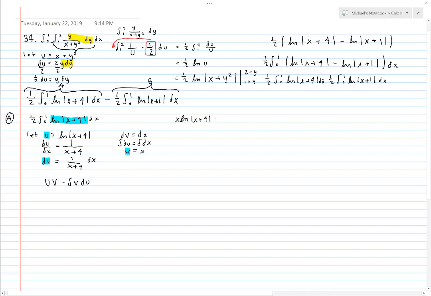Then we have minus the integral of v, which is x. And then we have du, and we highlighted du right here. And we said that du is equal to 1 over x plus 4 dx.